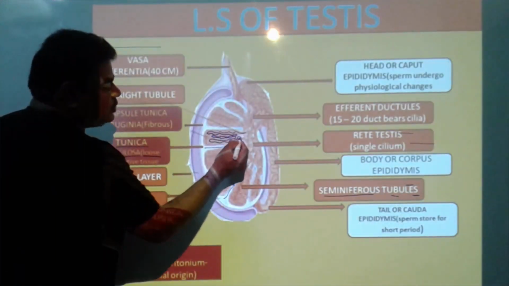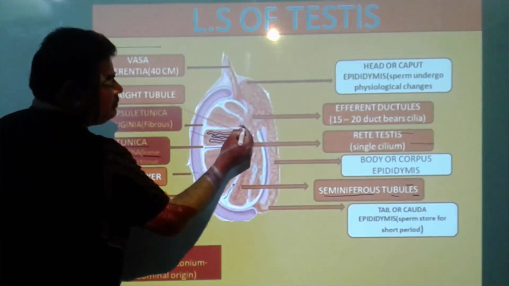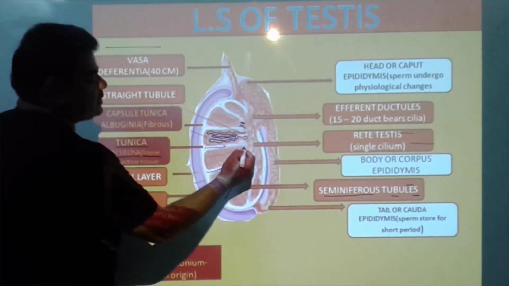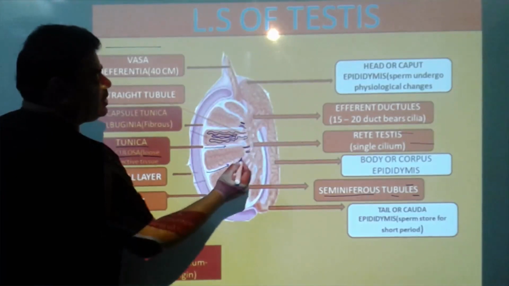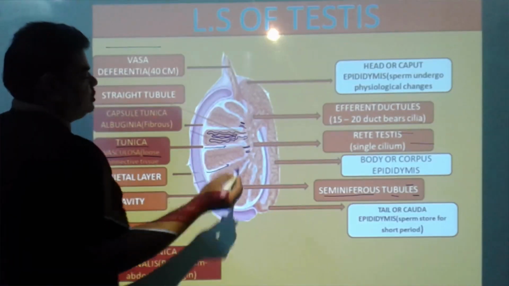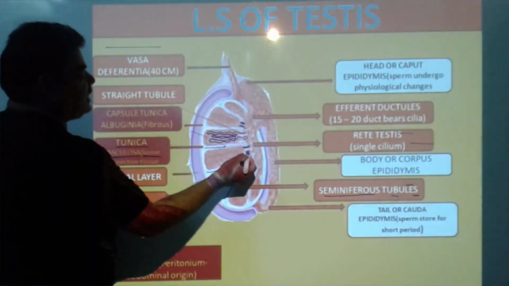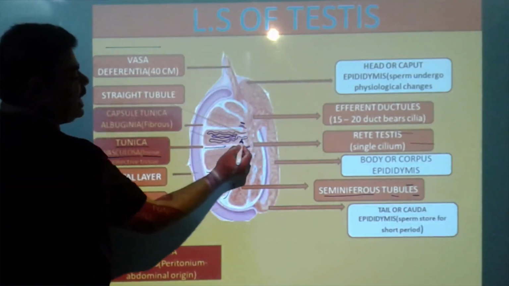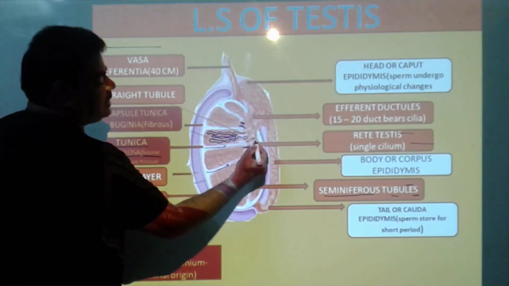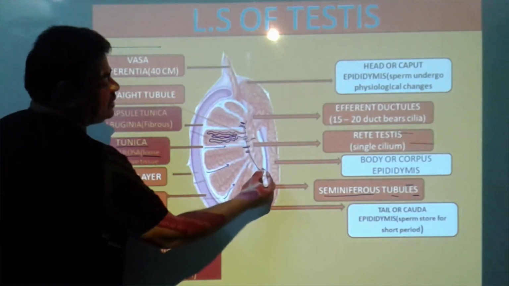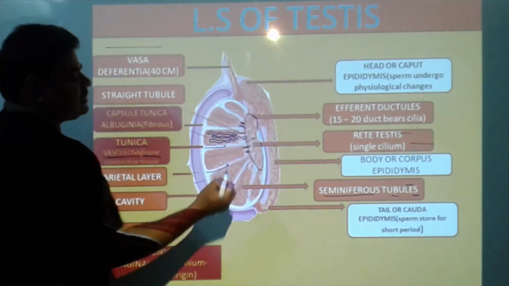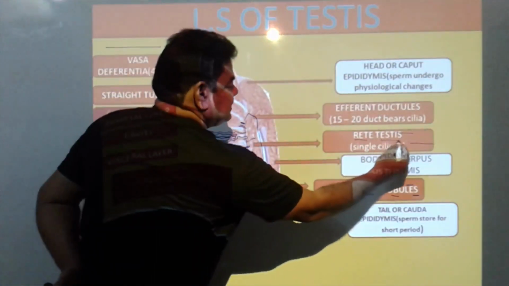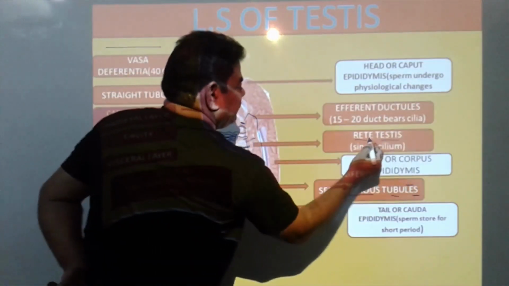All these seminiferous tubules form straight tube-like structures when they emerge out from the testicular lobules. These are known as the straight tubules, and they come to this region we call the rete testis.